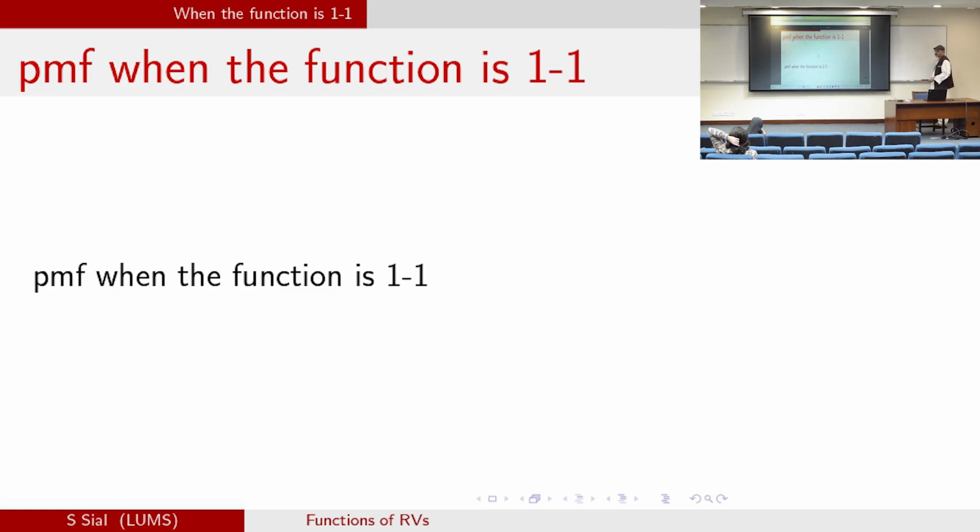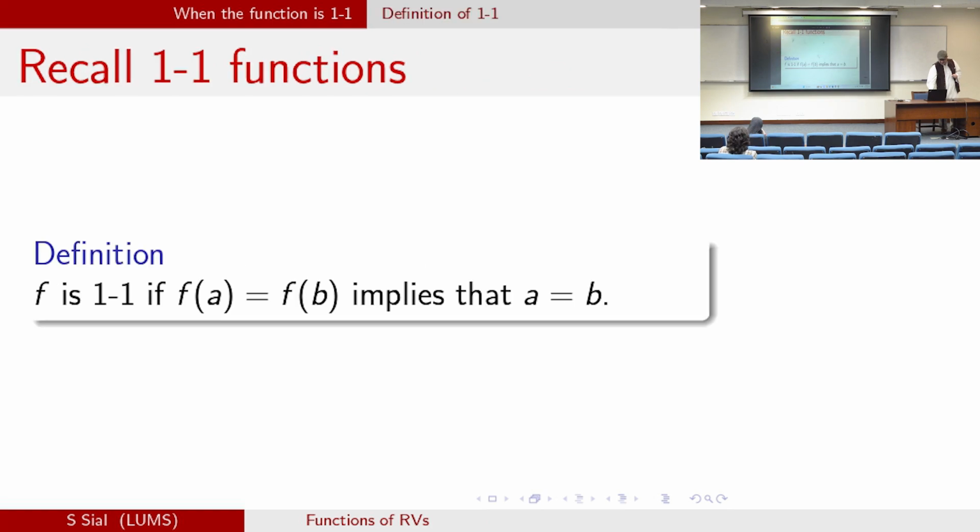A function f is one-to-one if f of a equals f of b necessarily implies that a is equal to b. Another word for one-to-one is we say that f is injective, or we say f is an injection, or we say it's one-to-one.